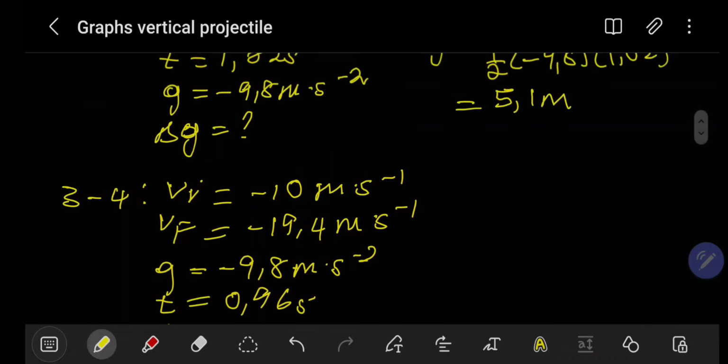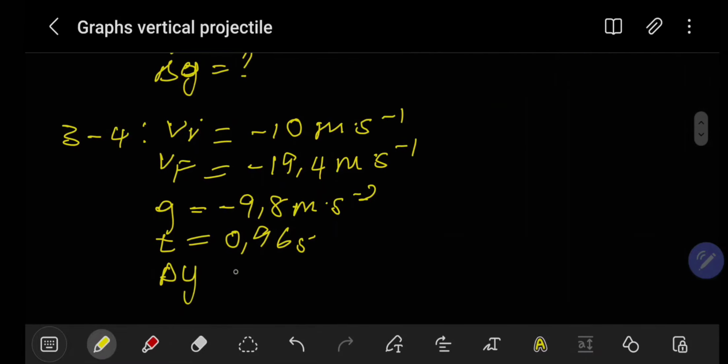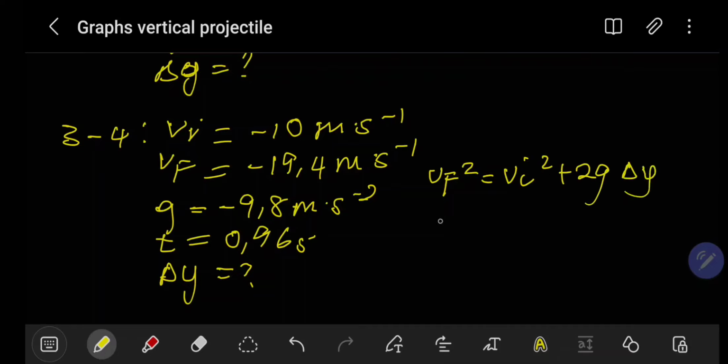And we're looking for the displacement. Now we can calculate the displacement there. I can choose to take this equation now: Vf squared is equal to V initial squared plus 2 times gravity times the change in displacement.